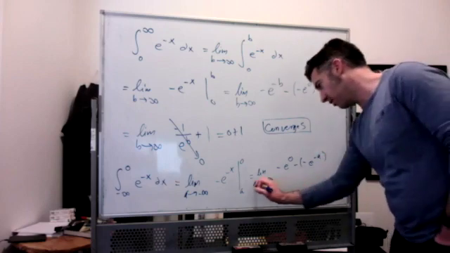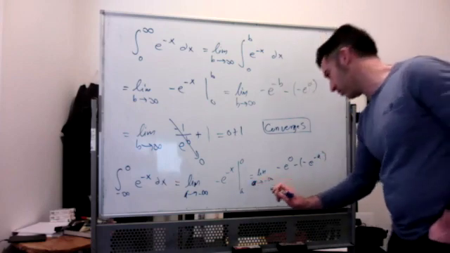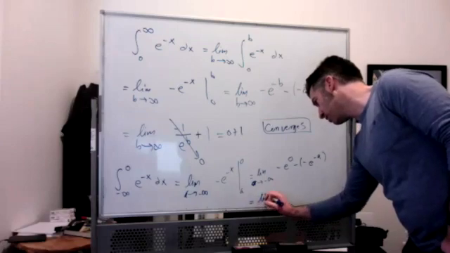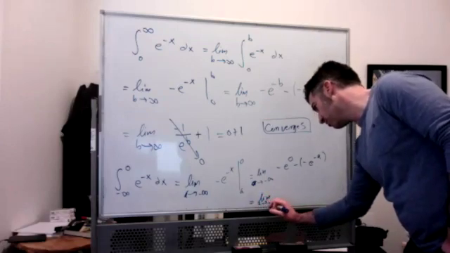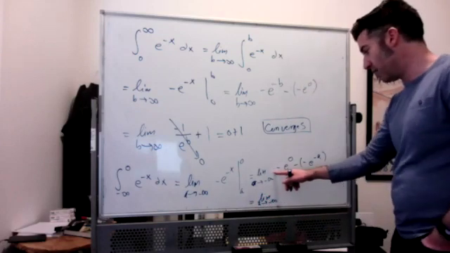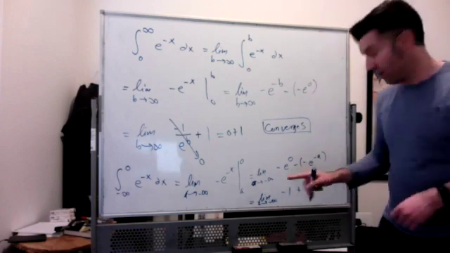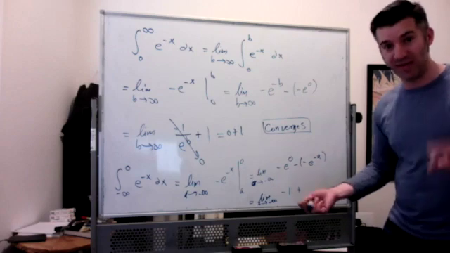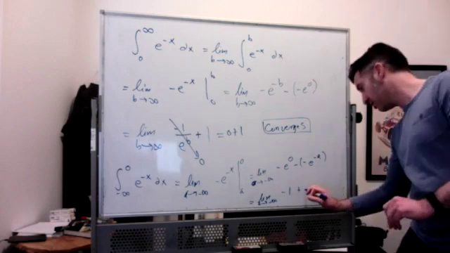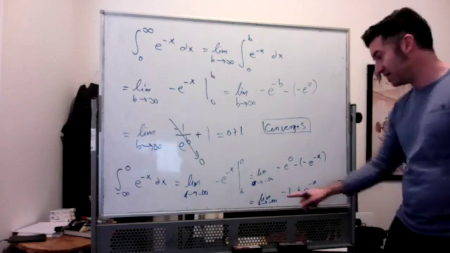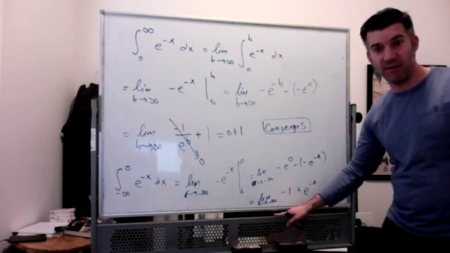Okay, so check this out. This is equal to the limit as a goes to -infinity of -1 plus, now here's the thing. This one I am going to leave as e to the negative a, because a is going to -infinity.